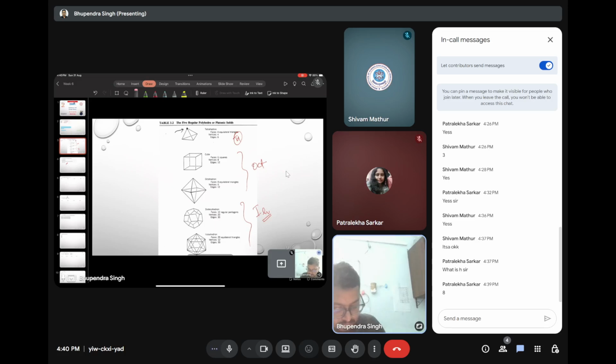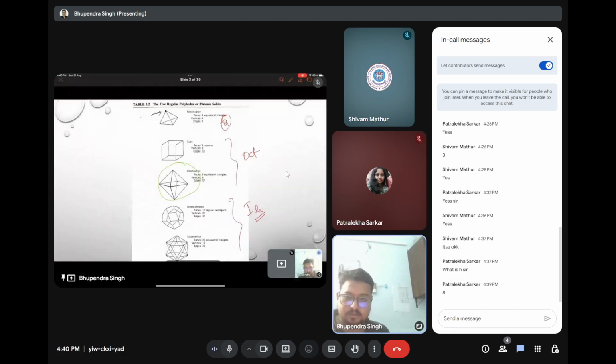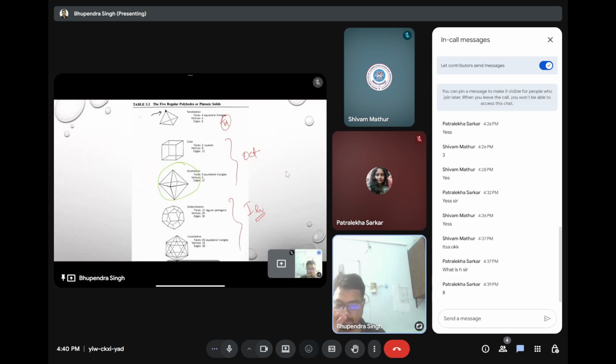This, and then try to visualize how many C3 axes are present. Like this, right? Now try to tell me.